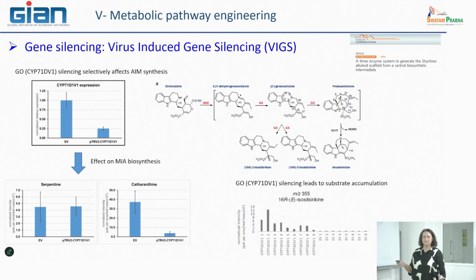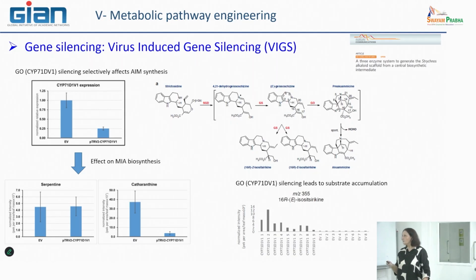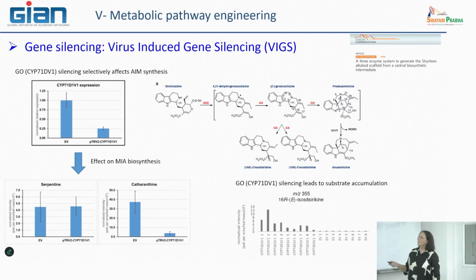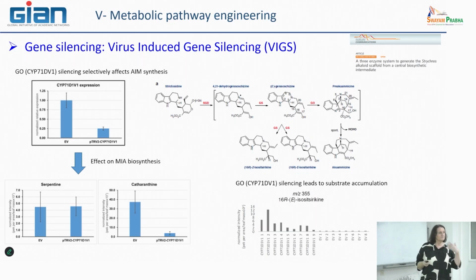What was also interesting is that we did this work with a chemist who also proposed different intermediates, which were checked to be present or not in the extract when we did some metabolomic study. This way, we can quickly characterize one particular enzyme of a metabolic pathway.